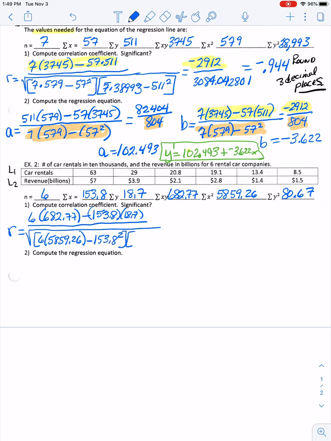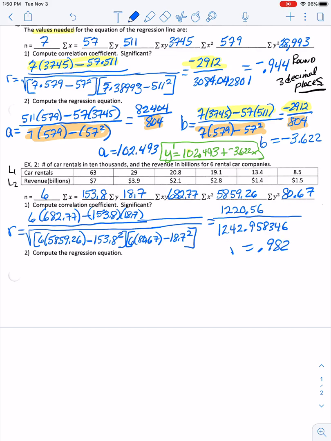Close up the bracket and have a new one. 6 times 80.67 minus 18.7 squared. Close up that bracket. If you do top by itself, 1,220.56. The bottom by itself, 1,242.958346. You can read that on the calculator. We get 0.982 for the R value. Is it significant? Yes, that means keep going.